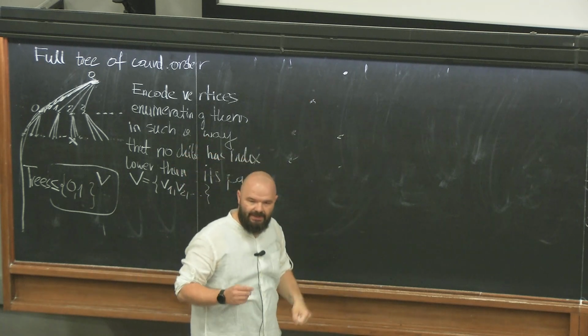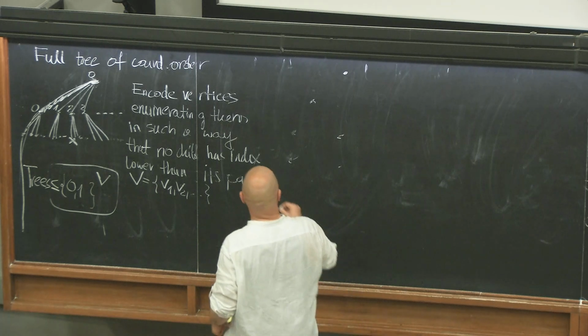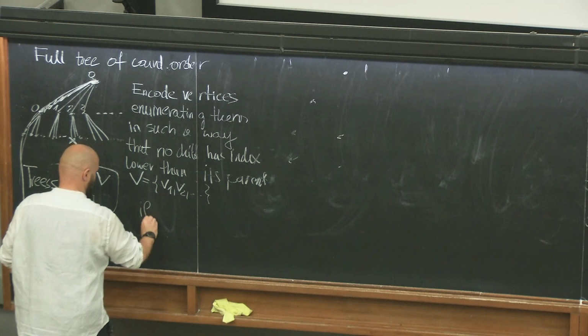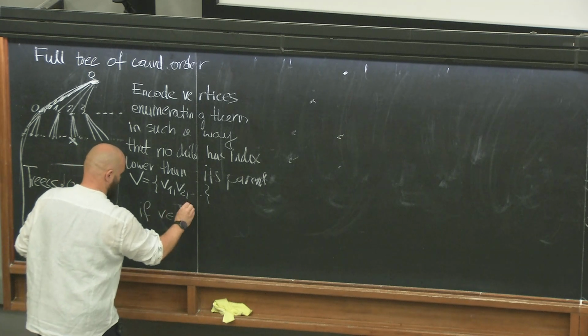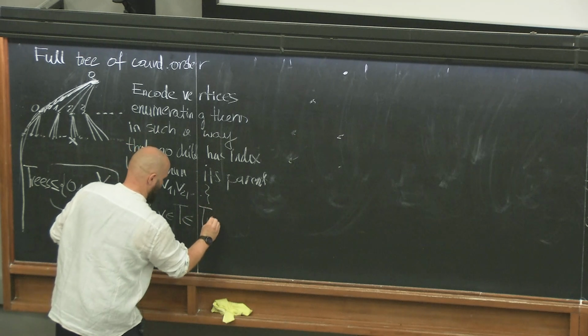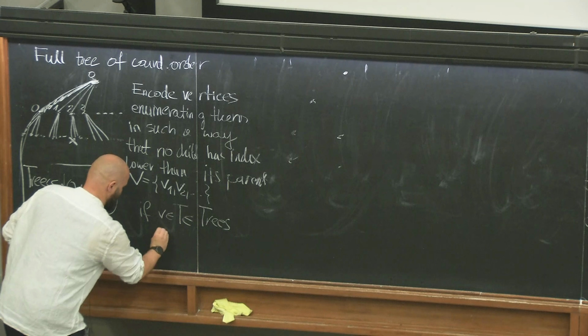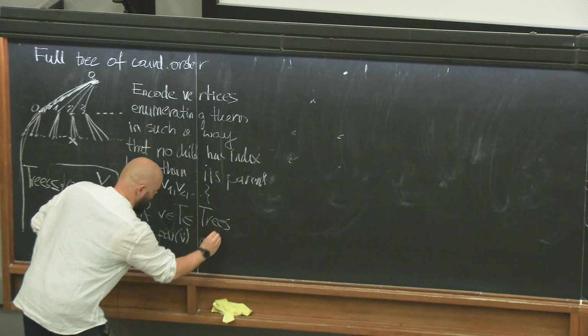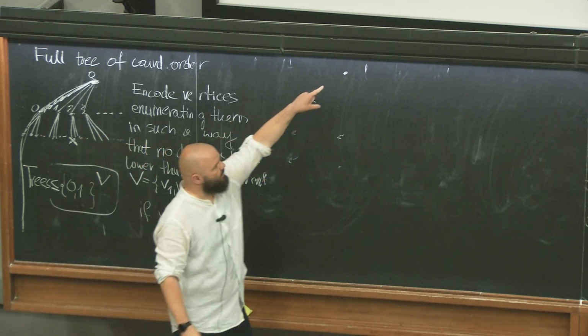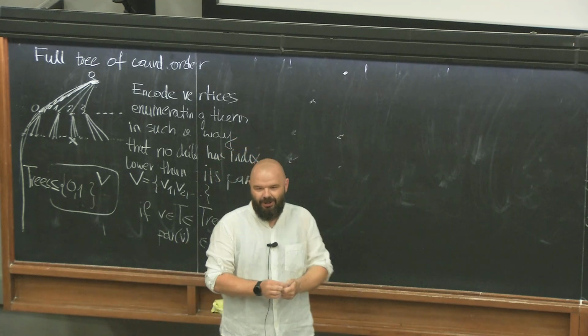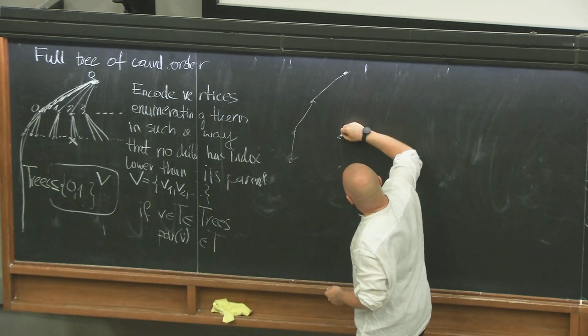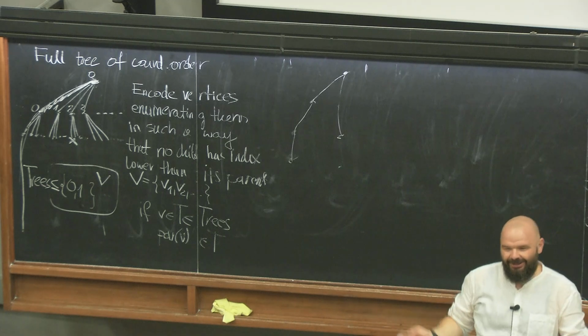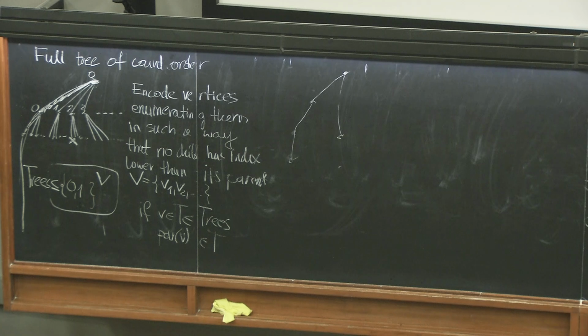So if V is in the set which belongs to some tree T, then the definition is that the parent of V also belongs to the same T. If you take a collection of such vertices, then of course you imagine that you add all edges. Edges are only on the pictures. Edges are to help us understand that this is a tree, this is not a part of the mathematical definition.